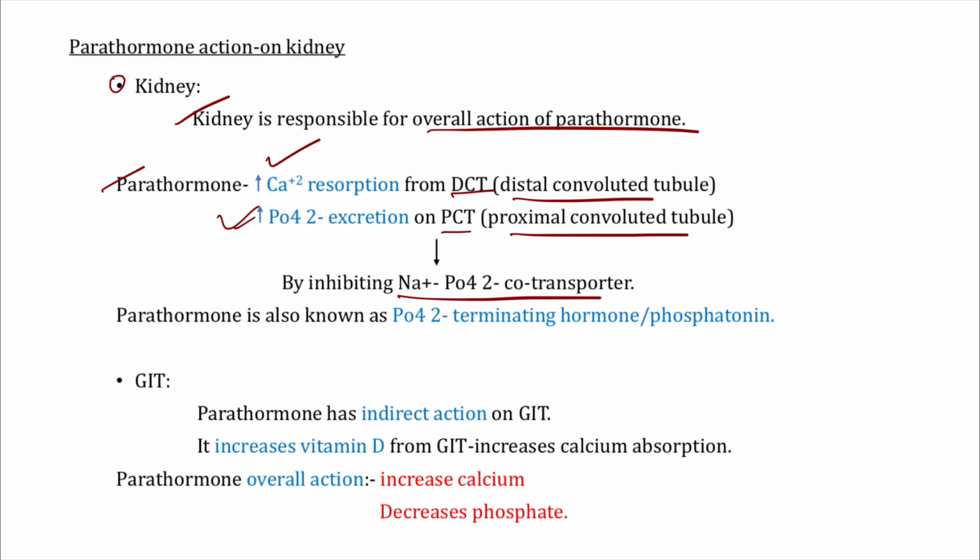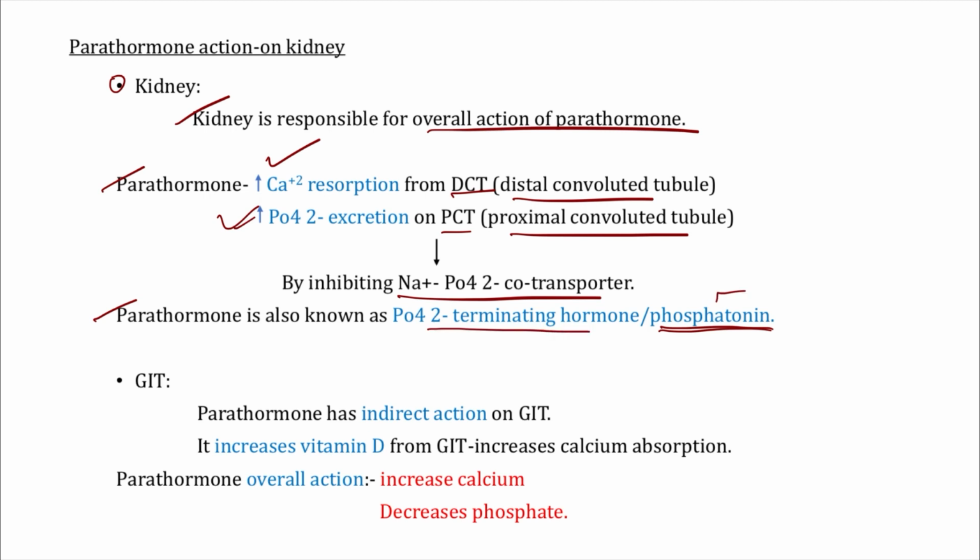We know that the hormone that decreases calcium levels is known as calcitonin. Now the hormone which decreases the phosphate level, in the same line, is known as phosphatonin. Now we know that parathormone increases calcium resorption and increases phosphate excretion. So parathormone is also known as phosphate terminating hormone and phosphatonin.